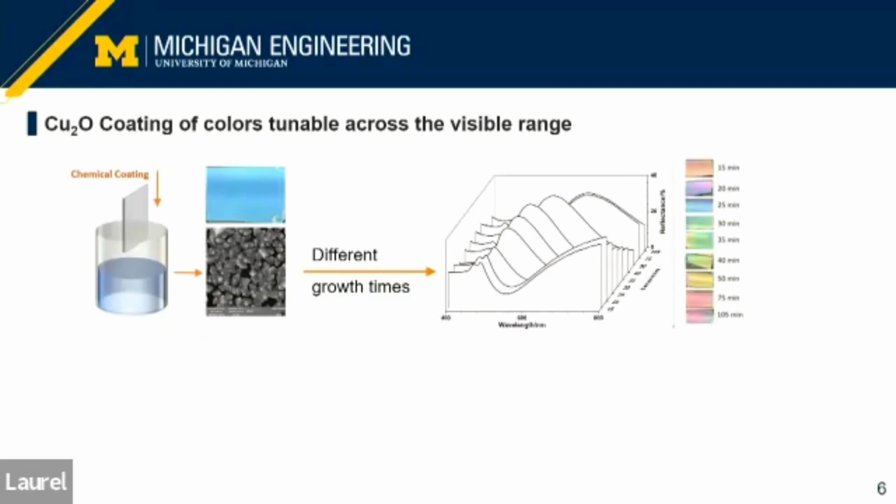From the reflection spectra, you can see very clearly that the peak slightly redshifts to longer wavelengths with increasing growth time. And the growth time is not even that long. Within 2 hours, you can obtain a range of structural colors.